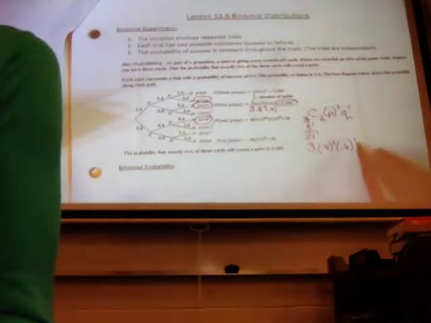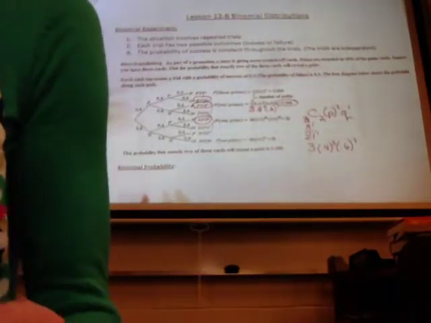The 2 should have been here, and this would have been 1. But it would not make any difference to what this number comes out to be. This will still be 3 factorial over 2 factorial times 1 factorial, which would just be 3. But this would be totally different because I have 0.4 squared and 0.6 to the first. If I had those in reverse, I would have gotten a whole different number, right?